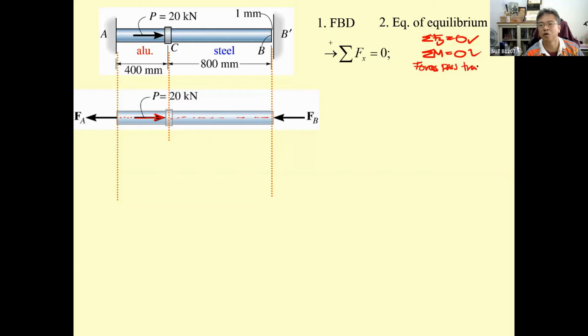And then summation of F sub x equal to 0.